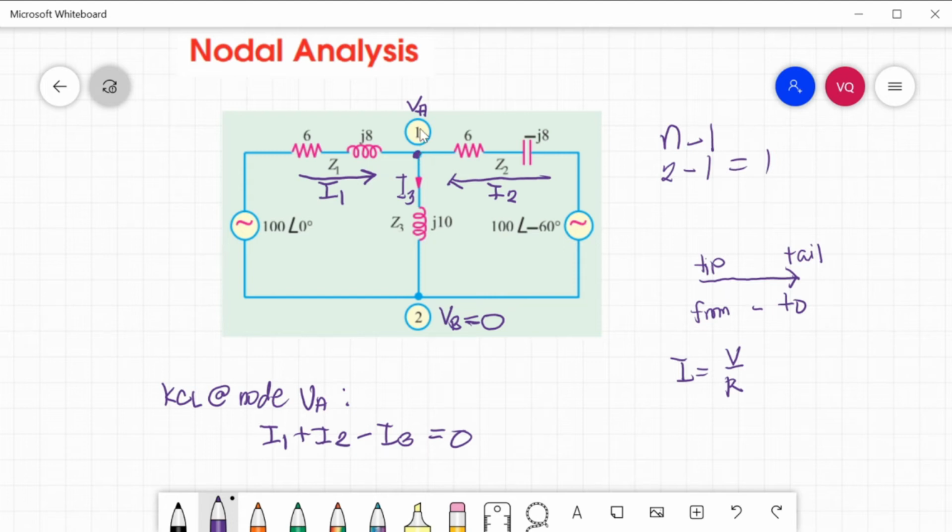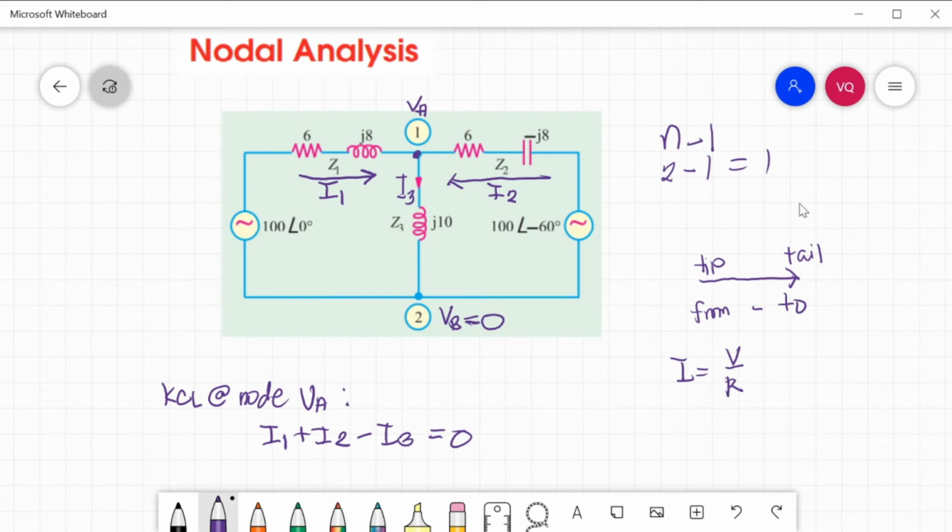At node 1, we let this be our node voltage VA, and VB will be our reference node, or vice versa. So this is our equation: KCL at node VA is I1 plus I2 minus I3 equals 0.